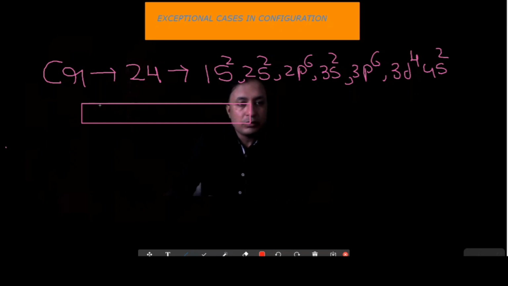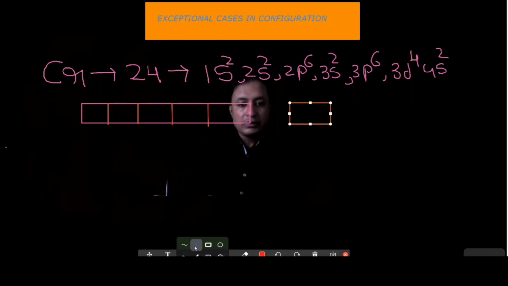As you know, in the d orbital, here I am talking about 3d4, 4 electrons are present, like 1 2 3 4. And in the case of 4s there are 2 electrons present over here.